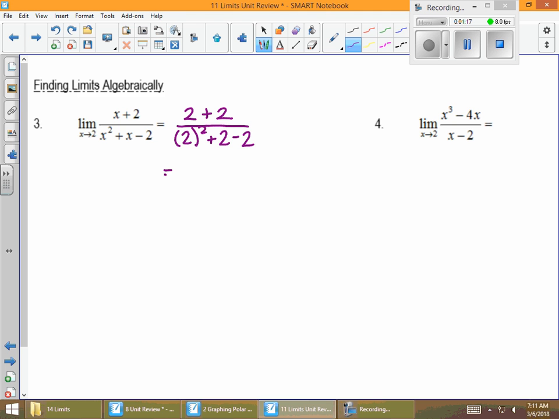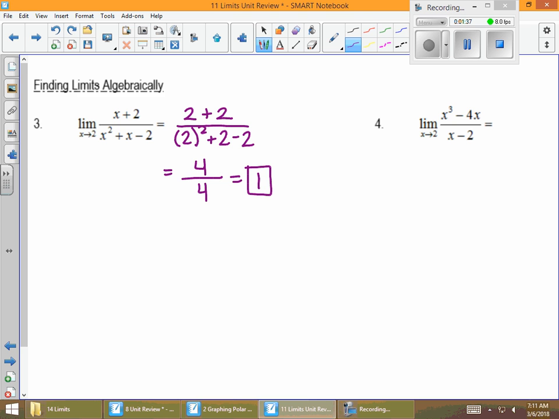So I'm not getting a 0 in my denominator, so I'm in good shape here. 2 plus 2 is 4. In the denominator, I have 4 plus 2, so that's 6 minus 2 is 4. So my limit is 1. And you could, of course, verify that on your calculator.